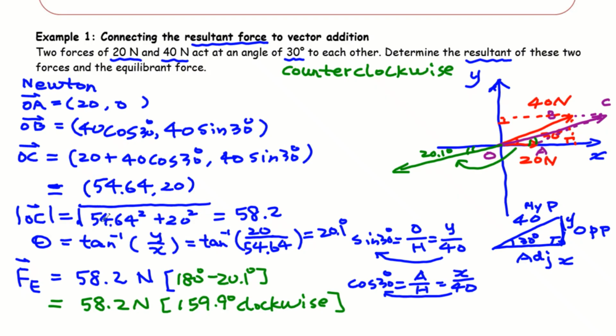We use x squared plus y squared, and if in 3 dimensions, plus z squared, then square root to find the magnitude. The angle is just the tangent inverse of y over x. And the equilibrium force has the same magnitude, then the direction is flipped to the opposite.